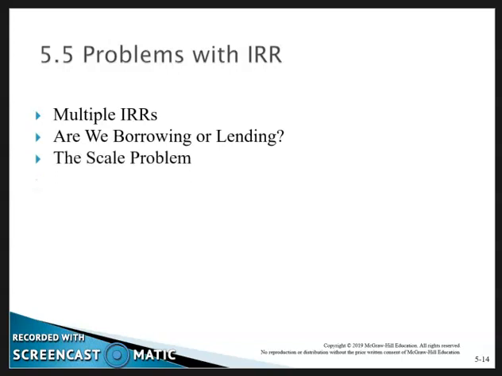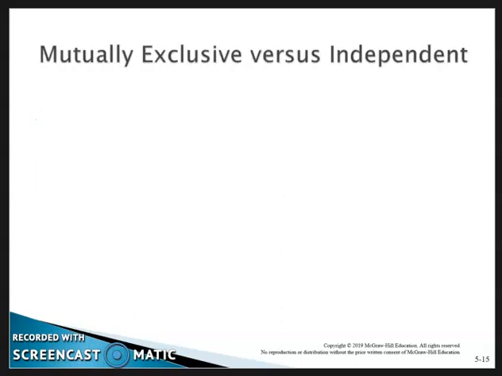The scale problem: depending on the size of the project, it can lead you to a false positive decision or to selecting the wrong project. Then the timing problem. We'll start the next lecture with mutually exclusive versus independent.